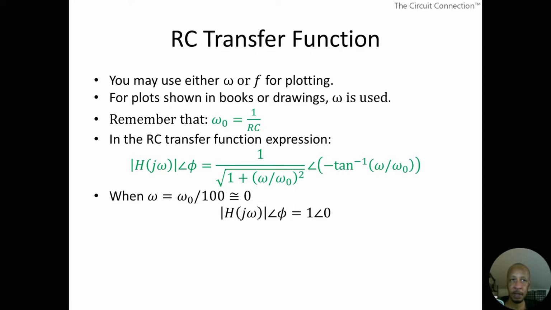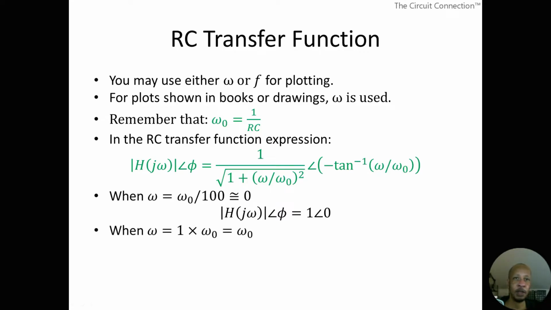So the absolute value of H of jW, with your angle, is pretty much equal to 1 with an angle of 0 degrees.